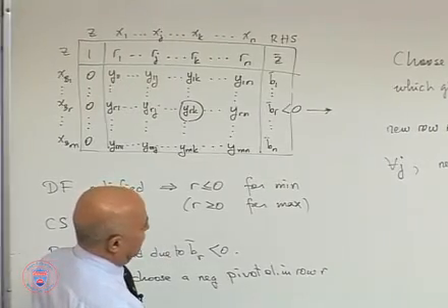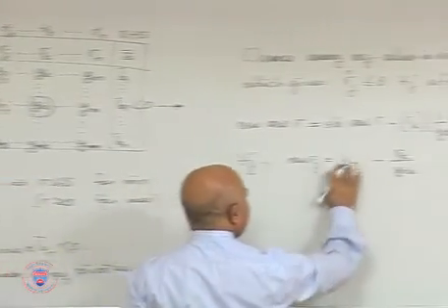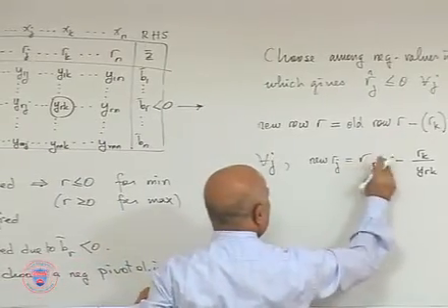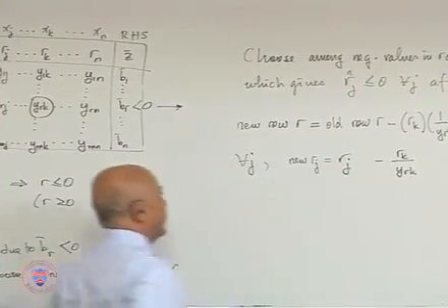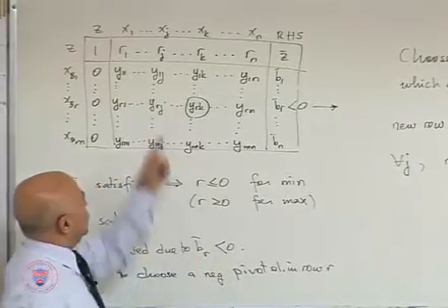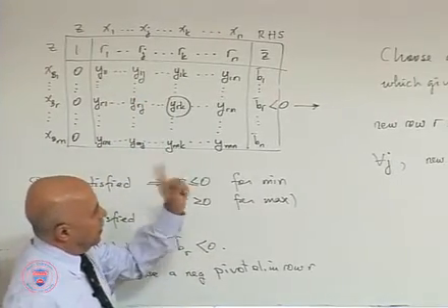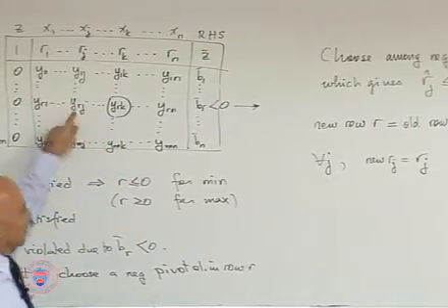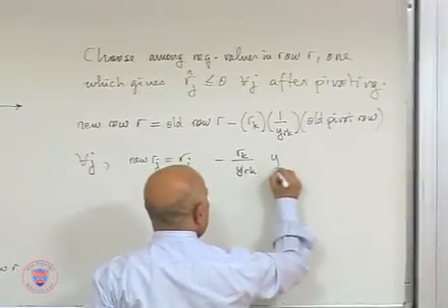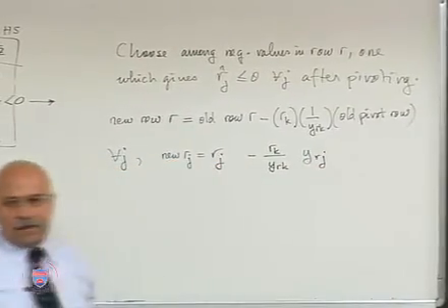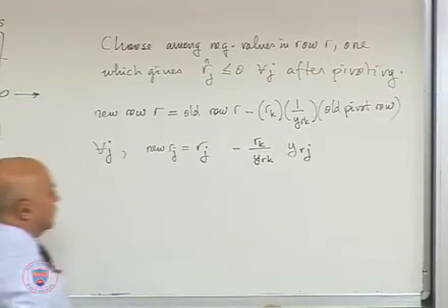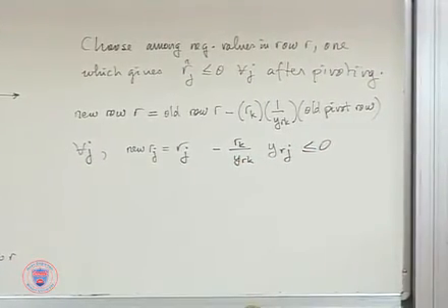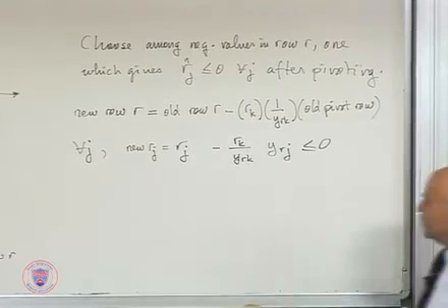What did I do? This is not correct. This is supposed to be old row R, sorry. This is supposed to be Rj, yeah. Rj comes from the old row, and then Rk times 1 over Yrk times Yrj. That's what I need, right? Okay, for every j. So you want to have that inequality.